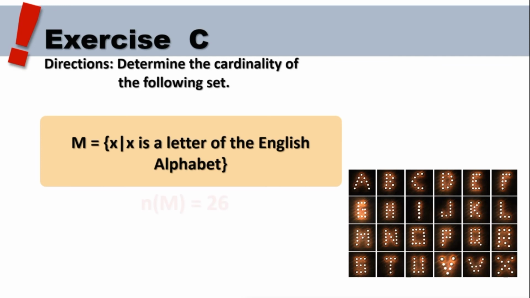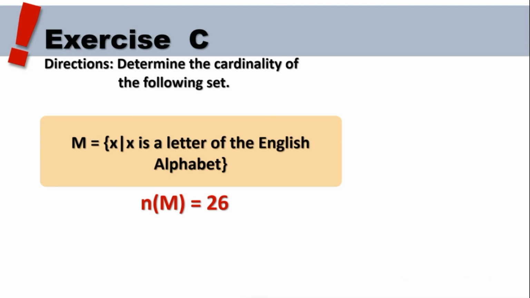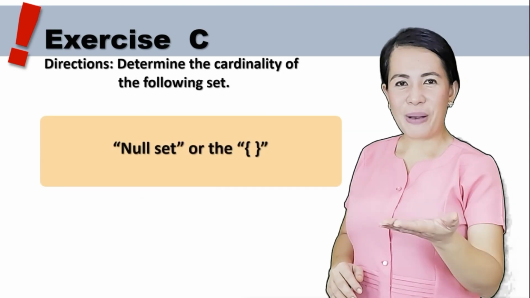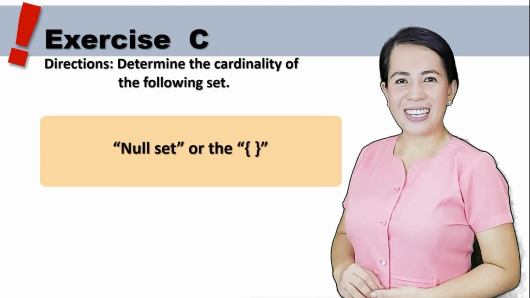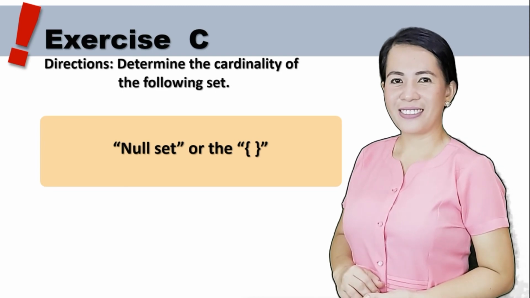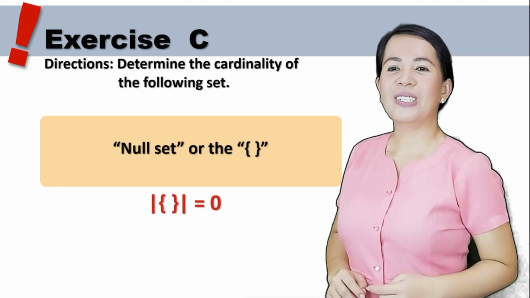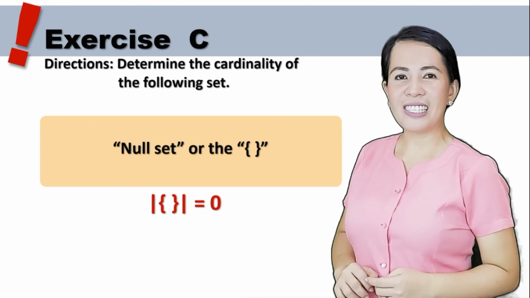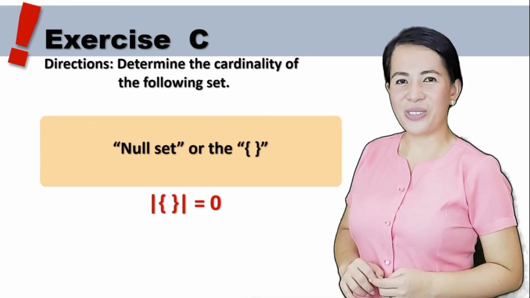Right, there are 26 letters in the English alphabet. So the cardinality of set M is equal to 26. How about this given? What is its cardinality? Simple. The cardinality of a null set or an empty set is 0.